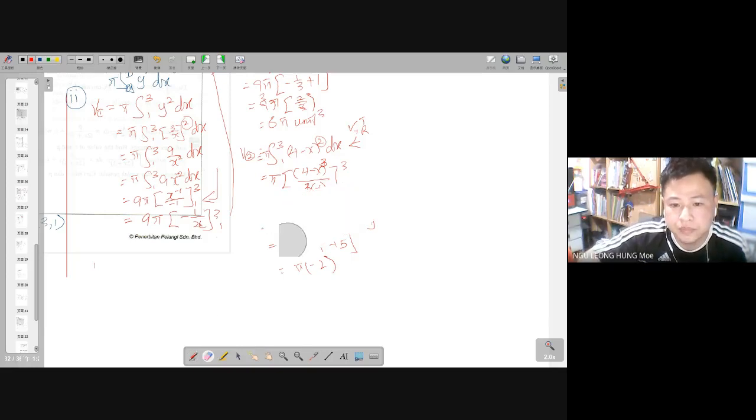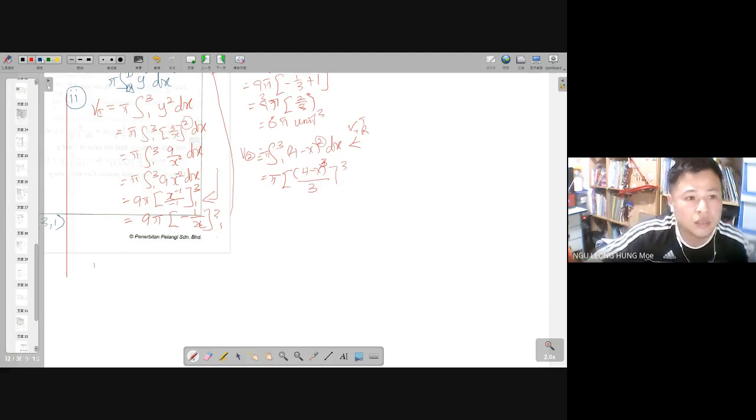Sometimes we might do the mistake in the differentiation and integration. If we integrate, this one is plus 1, so this one becomes 3. Then only this one we differentiate, so we get negative 1.